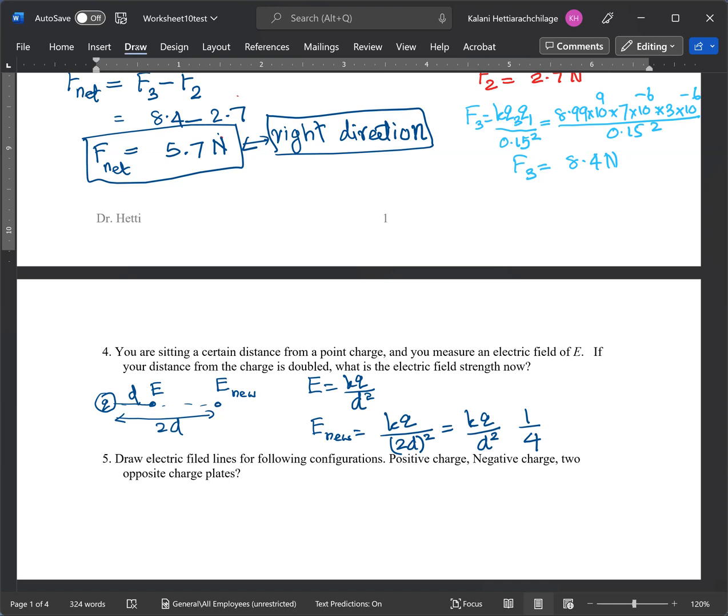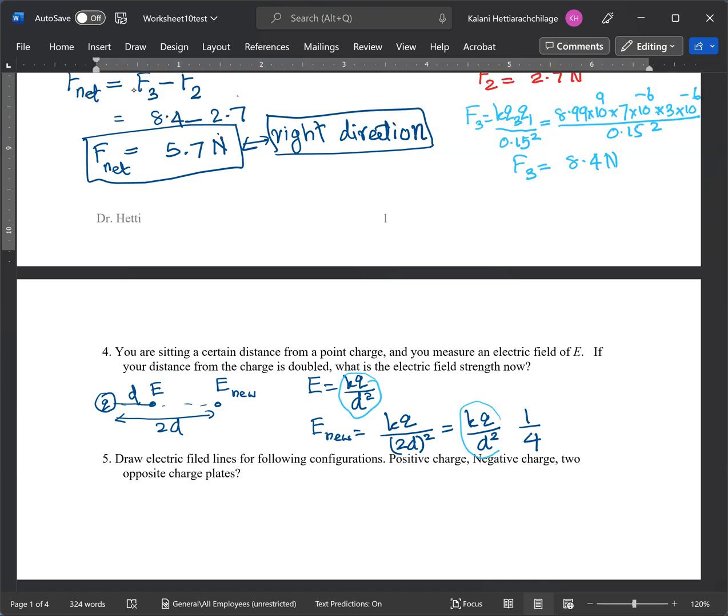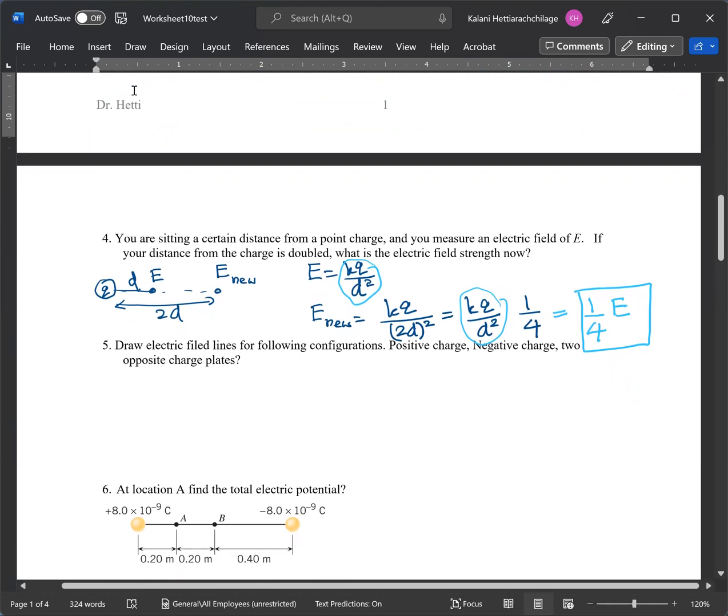So what that means is, I have this part exactly in here. That means I will be able to write 1/4 times E. 1/4 of E is your new strength. Definitely it's getting weaker when it goes further away from the charge.